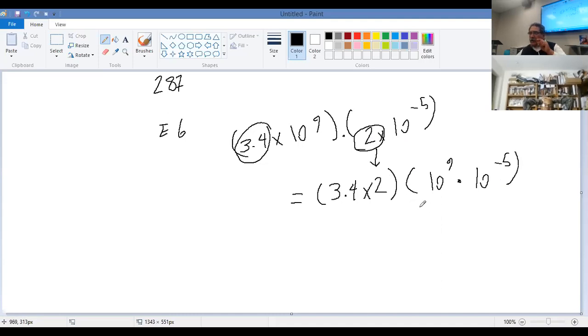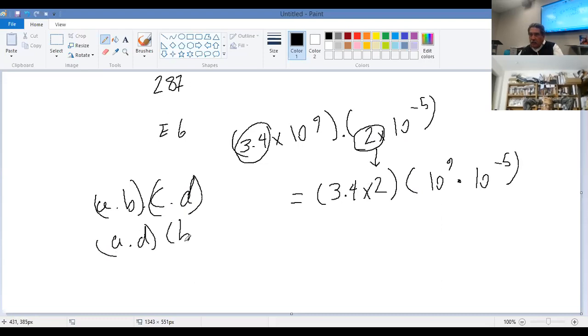So what property did I use? A, B, C, D. You can multiply them either this way, or you can multiply A by D and B by C. Makes no difference. Okay? So now I have 3.4 times 2, which is 6.8, times these two, the bases are the same.